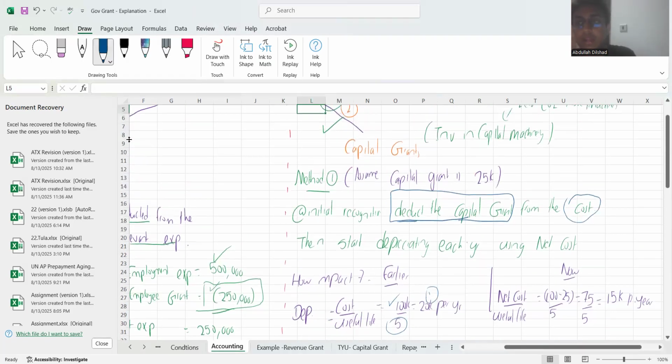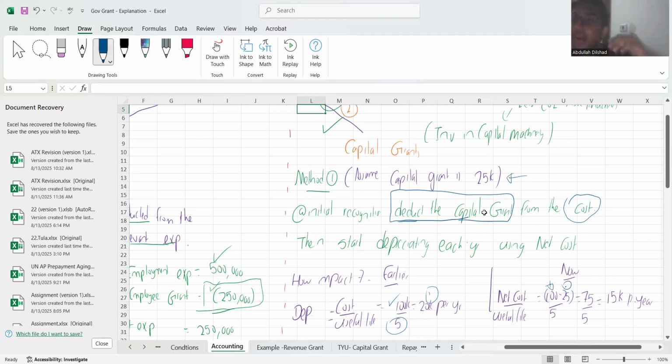But now, in case you get a capital grant, according to the rule, what you can do is from the cost, you can deduct the capital grant, right? Here it is. The initial cost was 100. You deduct a grant of 25. Assume that the capital grant was 25K, right? So what would happen to the cost?